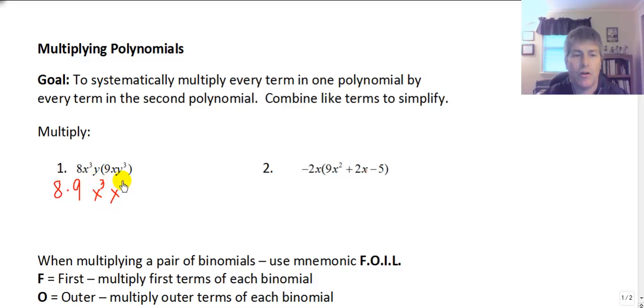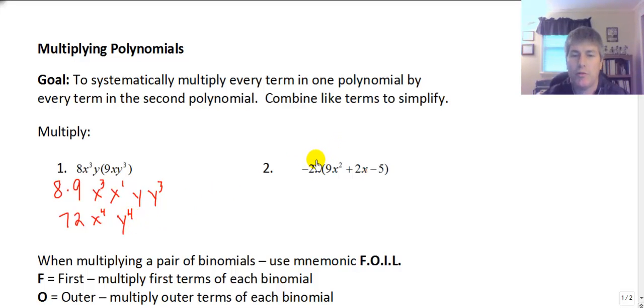So x to the third and x to the first, and y cubed. And then we can apply our laws of exponents to these other variables. So 8 times 9 is 72. X to the third times x to the first, power times a power, we add our exponents. So we get x to the fourth and then y to the fourth.